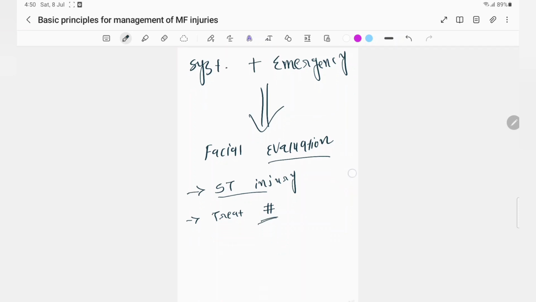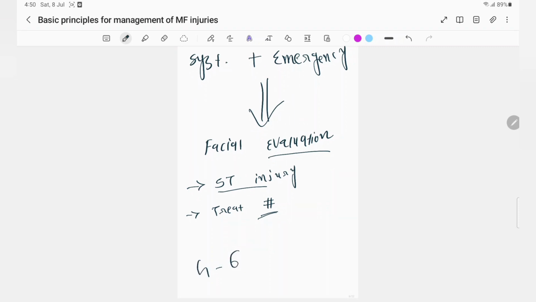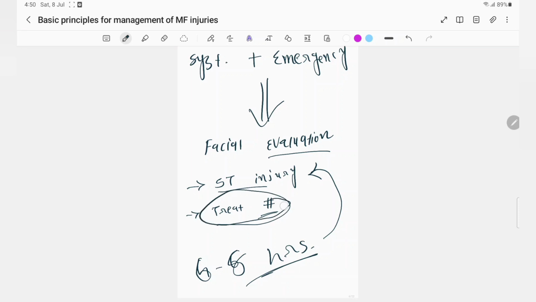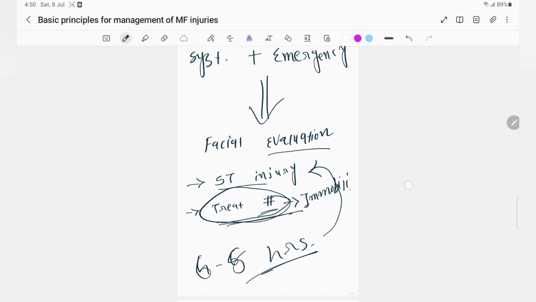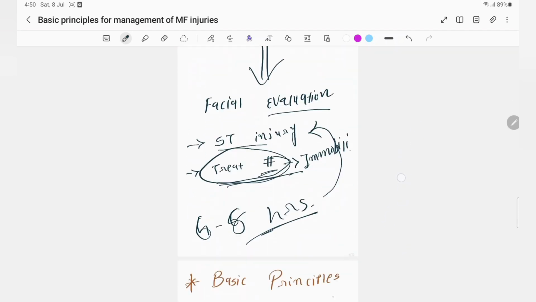Within 4 to 6 hours, or 6 to 8 hours of injury, you have to go for soft tissue injury treatment. Simultaneously you have to treat a fracture with immobilization or any other thing. So this was about general evaluation.